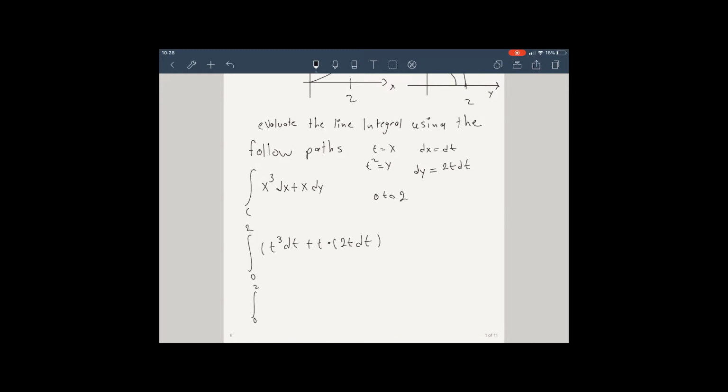The line integral is equal to the integral from 0 to 2 of t cubed plus 2t squared dt.